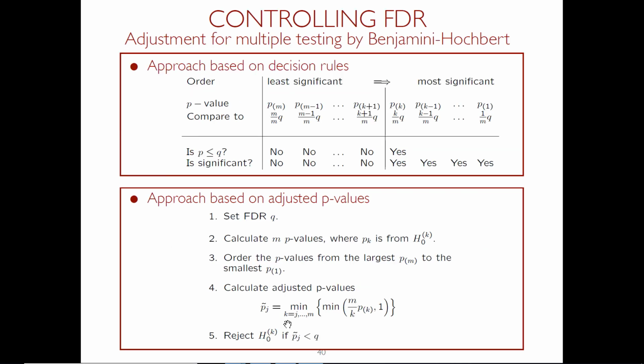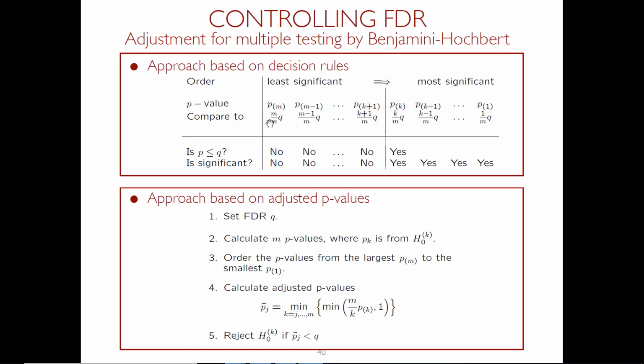And now for false discovery rate, controlled by Benjamini-Hochberg, and this is what is implemented in MSstats as well, has this approach. So we order the p-values from the least significant, so the largest value, to the most significant, the smallest value. For the smallest p-value, we do exactly the same thing as Bonferroni. We take the p-value and compare this to alpha divided by m.